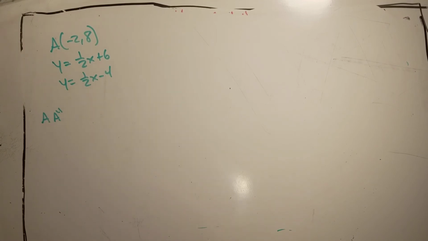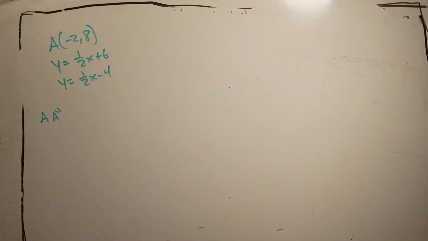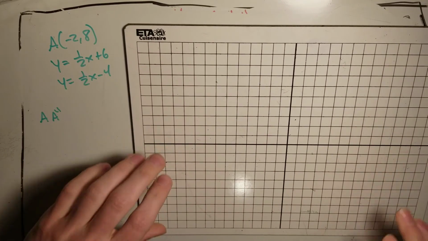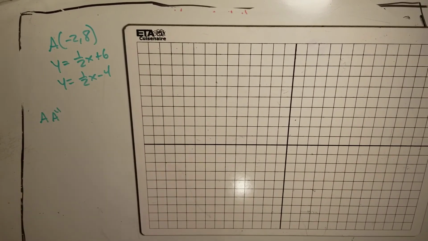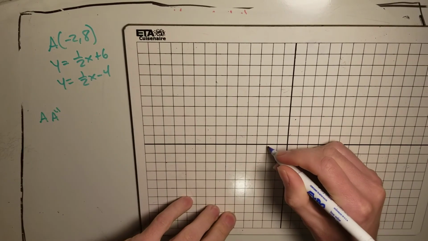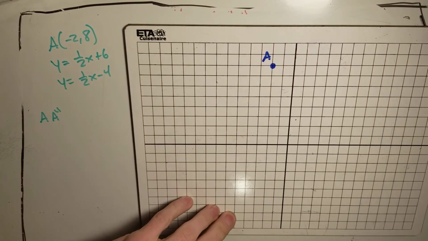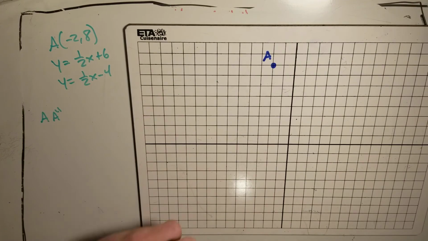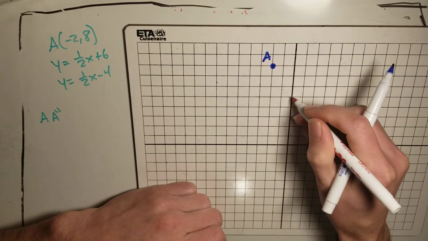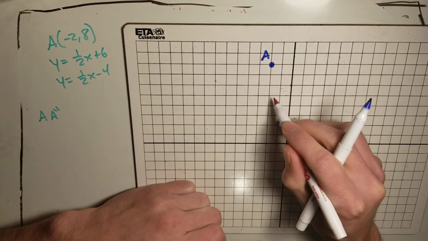Okay, so I actually have a whiteboard here. I'm going to pull the whiteboard out. So for this, we have point A at (-2, 8). We're going to reflect this over the line. We go up 1, 2, 3, 4, 5, 6, and we have a slope of 1/2.